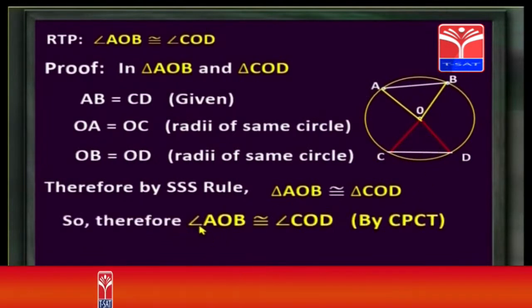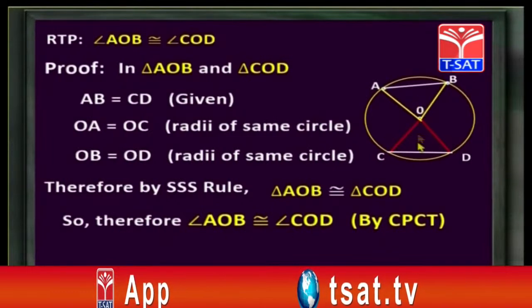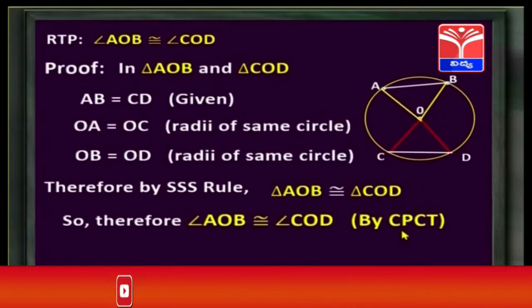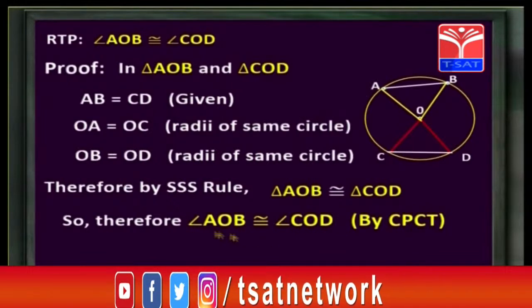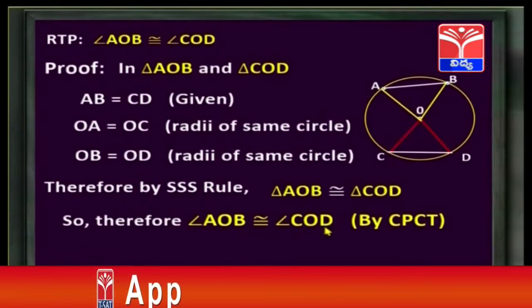Therefore, angle AOB is equal to COD. If these two triangles are congruent, we can say by corresponding parts of congruent triangles, the angles are equal. Angle AOB is equal to COD.